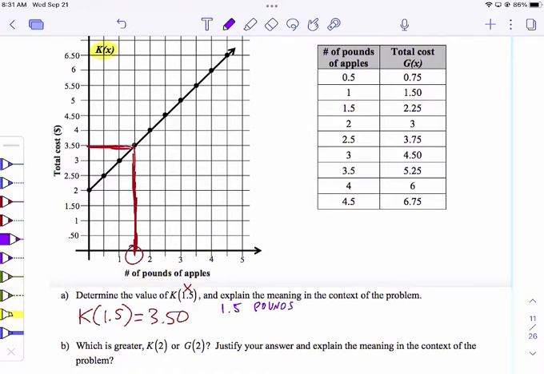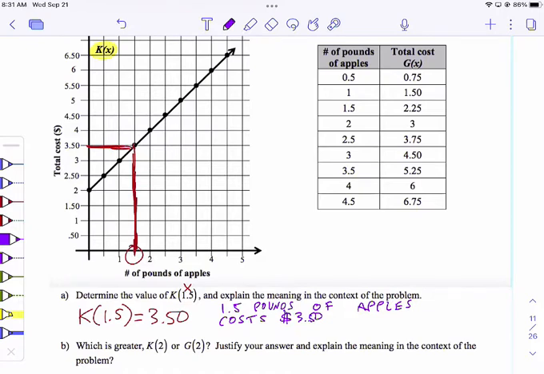Somebody could accidentally write 1.5 apples. 1.5 pounds of apples costs $3.50. And that would be 2 of the things you need to say.